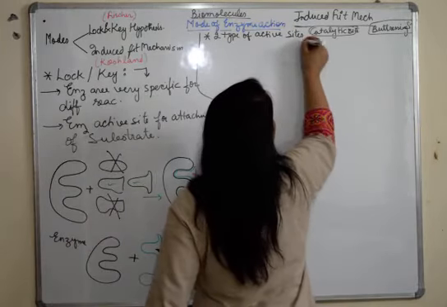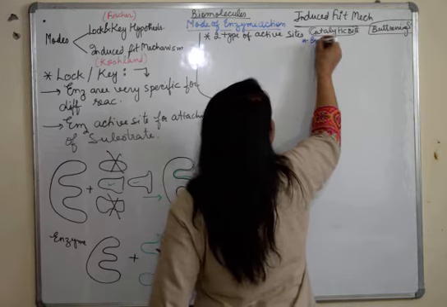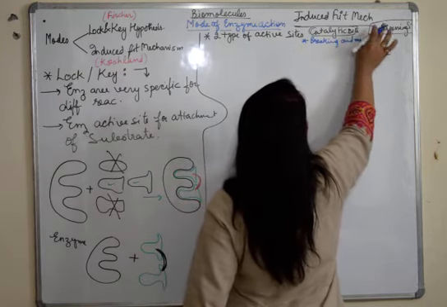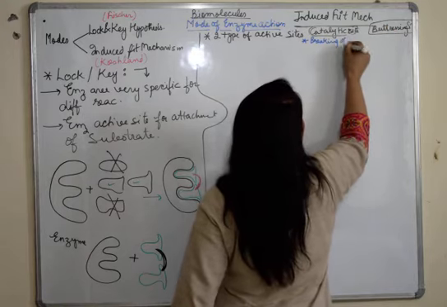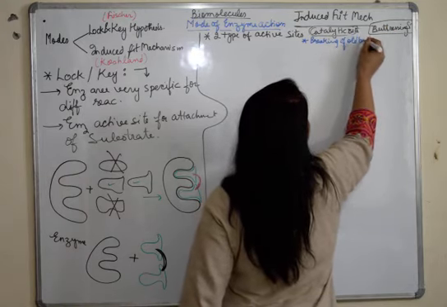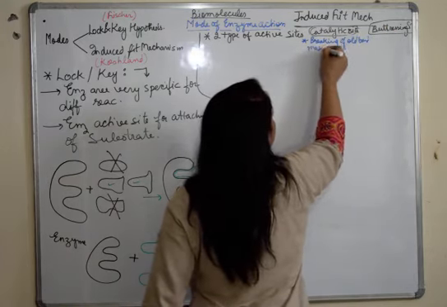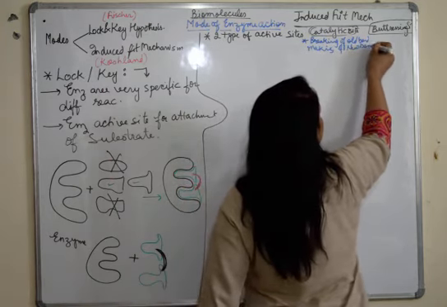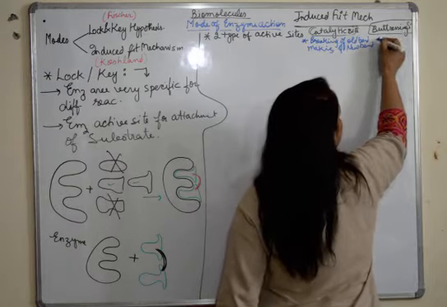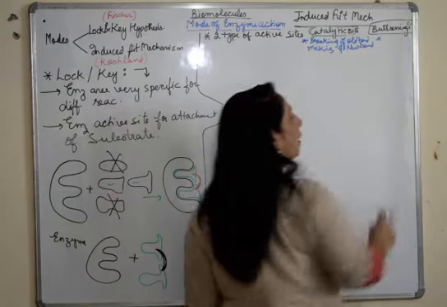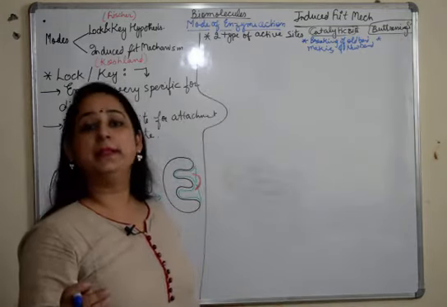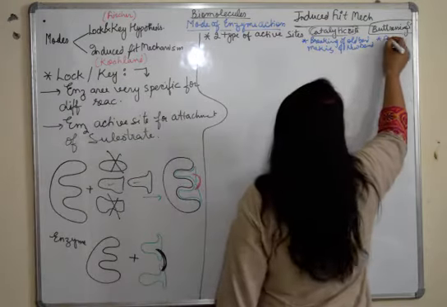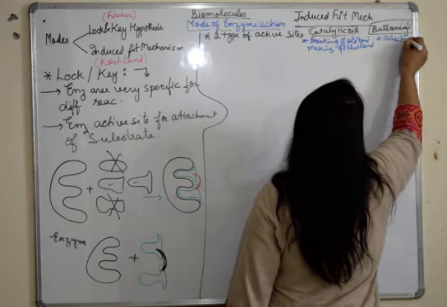Catalytic site is responsible for breaking and making, or you can say breaking of old bonds and making of new bonds, whereas buttressing site is responsible for the attachment of the substrate.